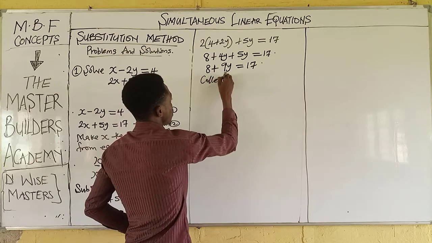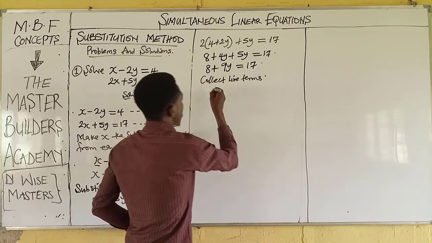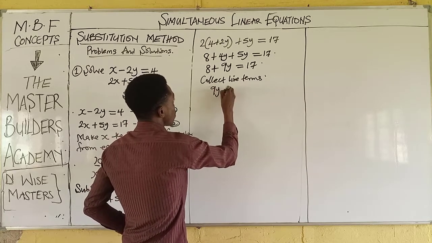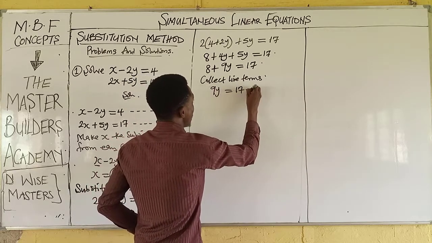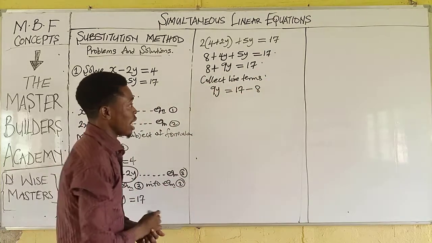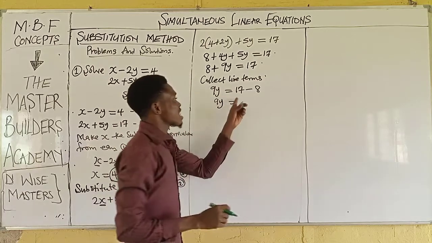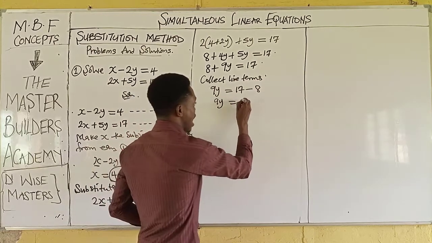Collect like terms. Now this will give us 9y is equal to 17 minus 8, as plus 8 crosses, it becomes minus 8. 17 minus 8 will give us 9.